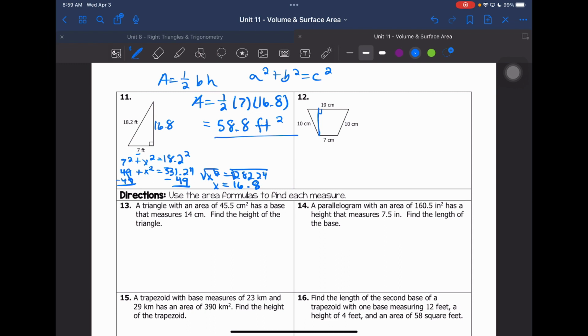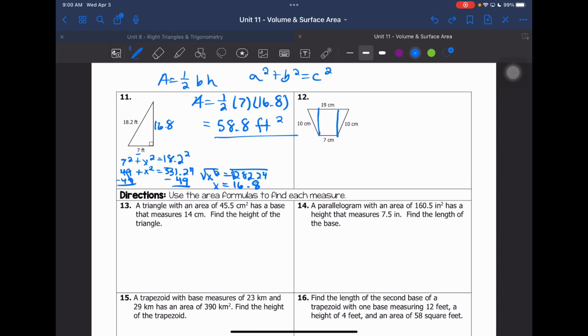So we're going to have to figure out a method to find that height, and it's going to include the Pythagorean theorem again, because let's say that we know this whole top is 19 and the bottom is 7.